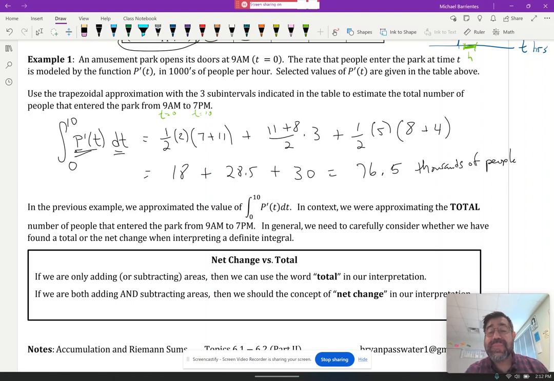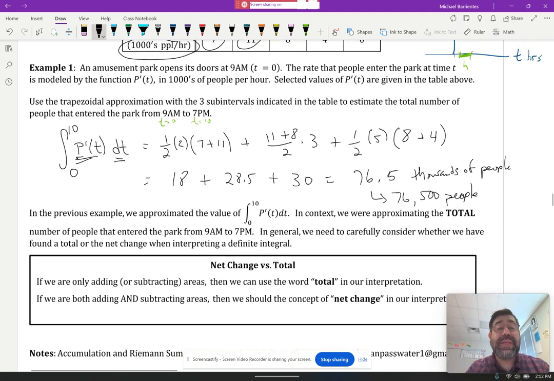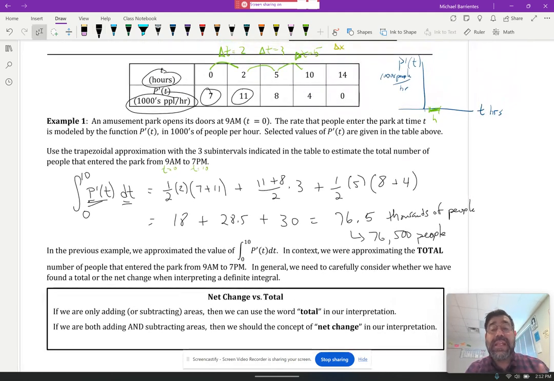There's 76.5 thousands of people, or 76,500 people, I guess would be another way to write it, with units. The full interpretation would be, the number of people that entered the park between 9 a.m. to 7 p.m. was 76,500 people. That's what we would have found.